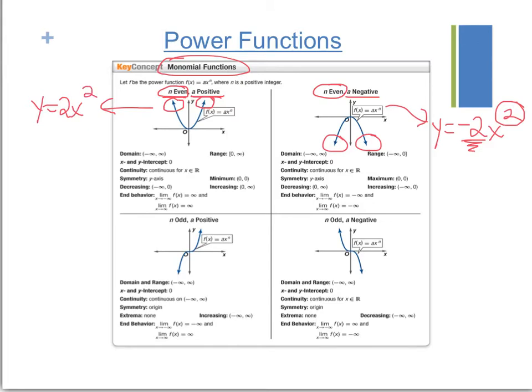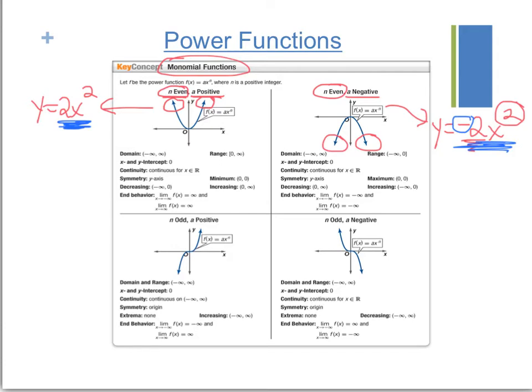We know from the previous unit that putting a negative out in front of the 2 reflects the graph over the x-axis. So 2x squared and negative 2x squared are just reflections of each other over the x-axis.